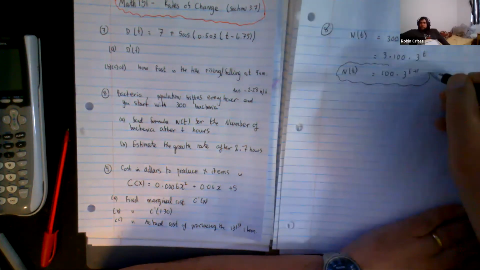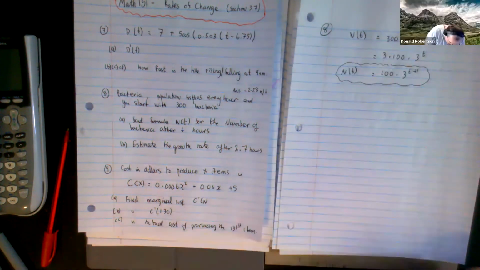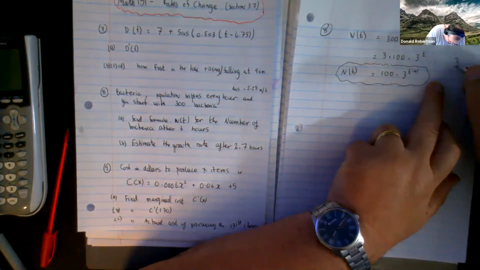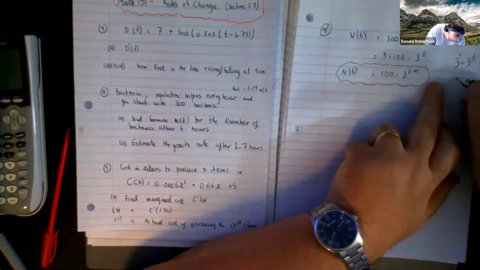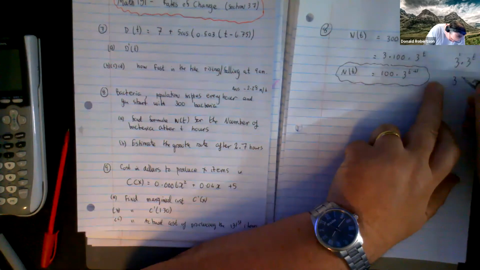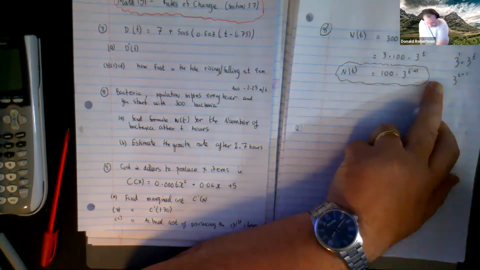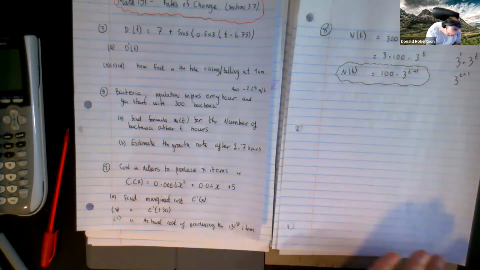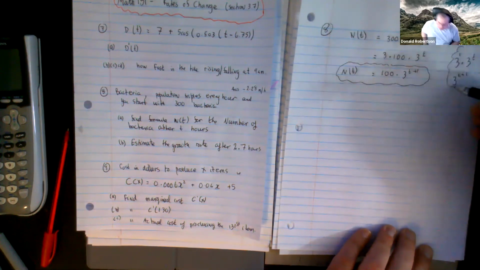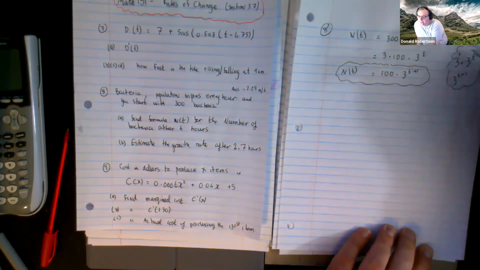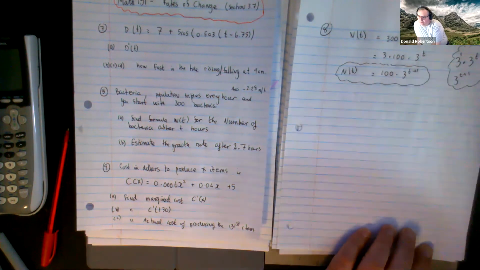T plus 1 in the exponent? Yeah, because what we've done is we've taken 3 times 3 to the power of T. That's like 3 to the 1. And when you have the same base and you multiply them together, you add the powers. So that 3 and that 3 to the T became 3 to the T plus 1.